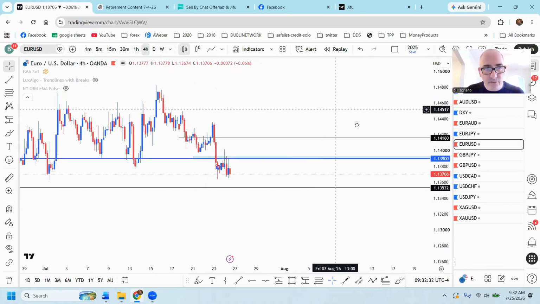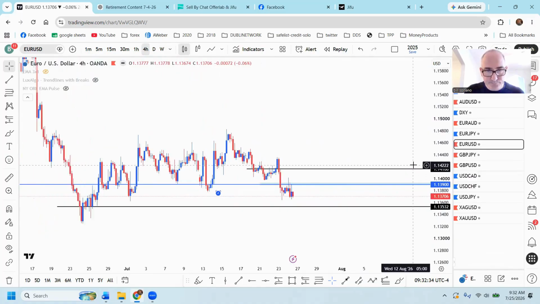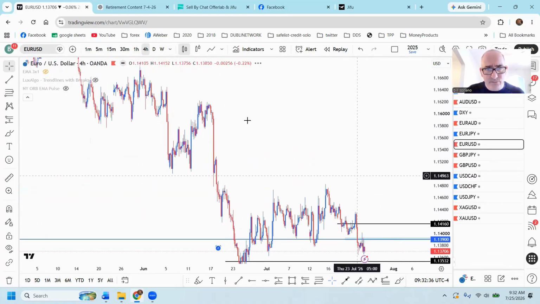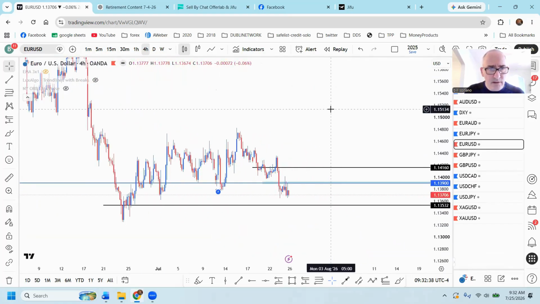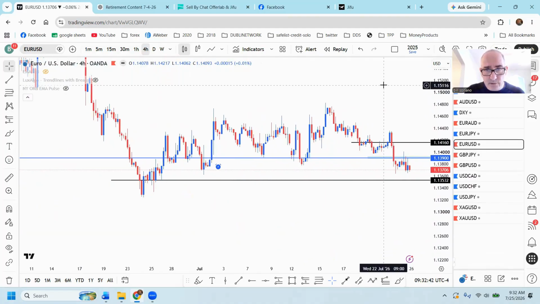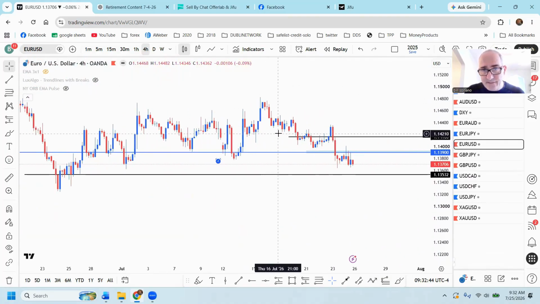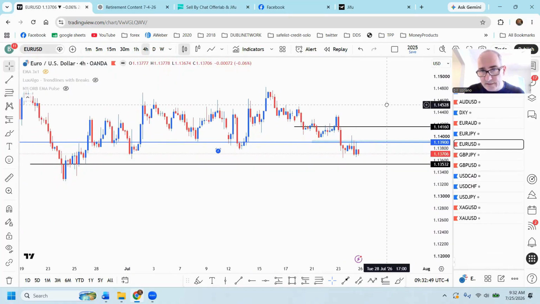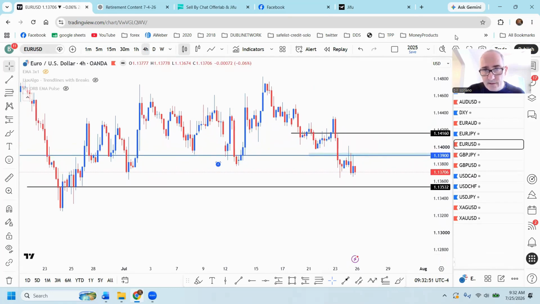We drop down to the 4-hour time frame, and we can see prices moving down. We're currently in what appears to be a downtrend. Right here, we got a break of structure to the downside. We also broke this structure over here.